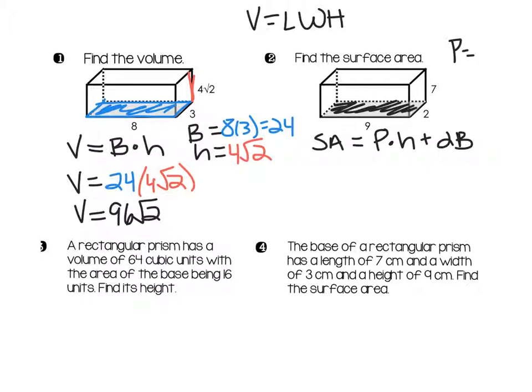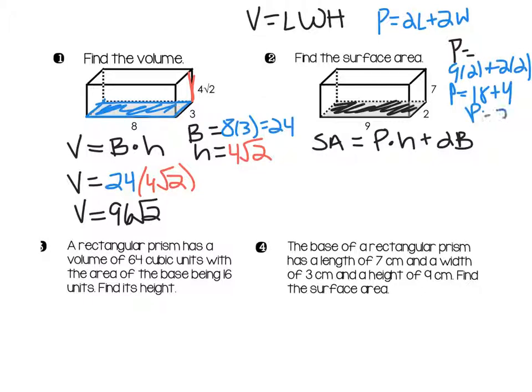So perimeter of the base is, if you can do it in your head, that's fine, 9 happens twice, plus 2 happens twice. Or if we want, perimeter is 2 length plus 2 width, if you don't remember that. So I get P equals 18 plus 4. So my perimeter is 22.